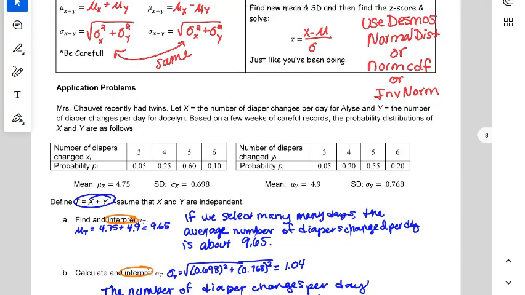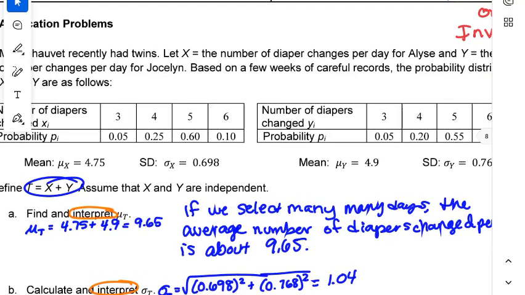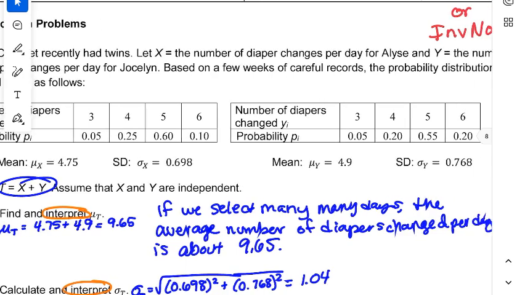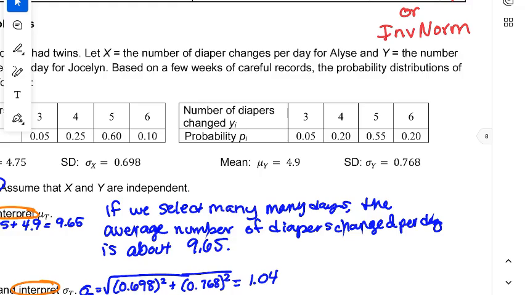Let's see how you did. Part A, you do have to find and interpret. Whenever you find, make sure you show your work. So 4.75 times 4.9, 9.65. And then we do have to interpret. If we select many, many days, the average number of diapers changed per day is about 9.65 diapers.